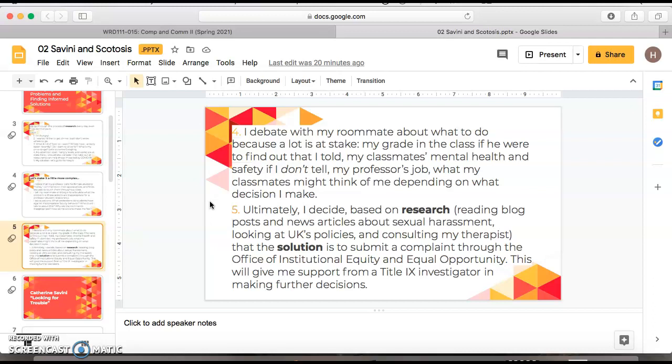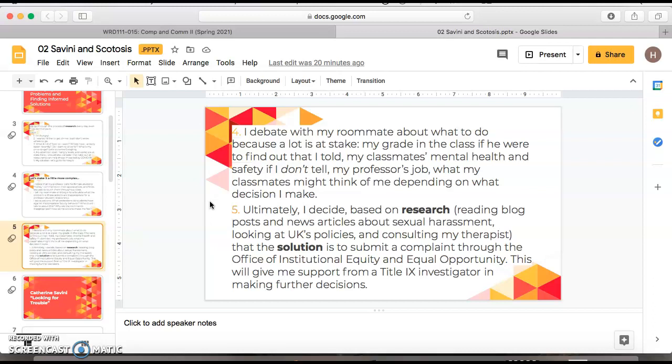So I do research based on that. I Google things, look at blog posts or news articles about sexual harassment, specifically in the university setting. I'll look at UK's policies. Maybe I talk to my therapist about it.